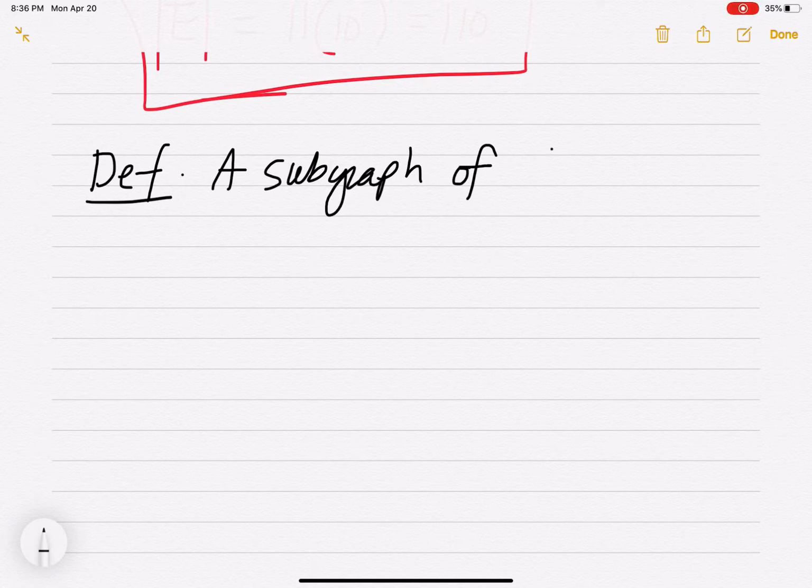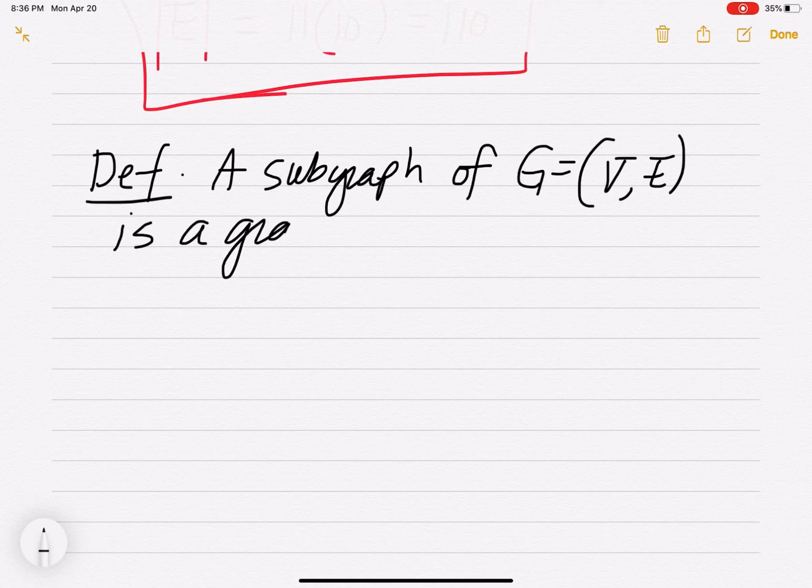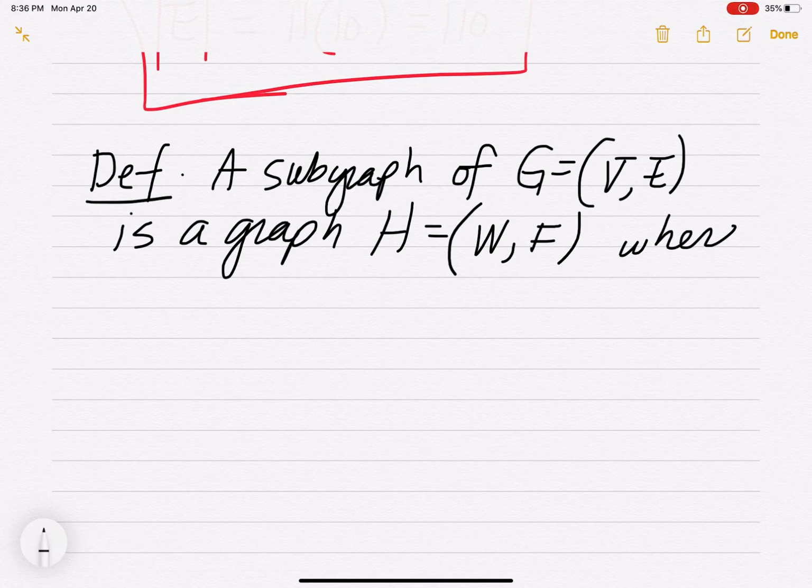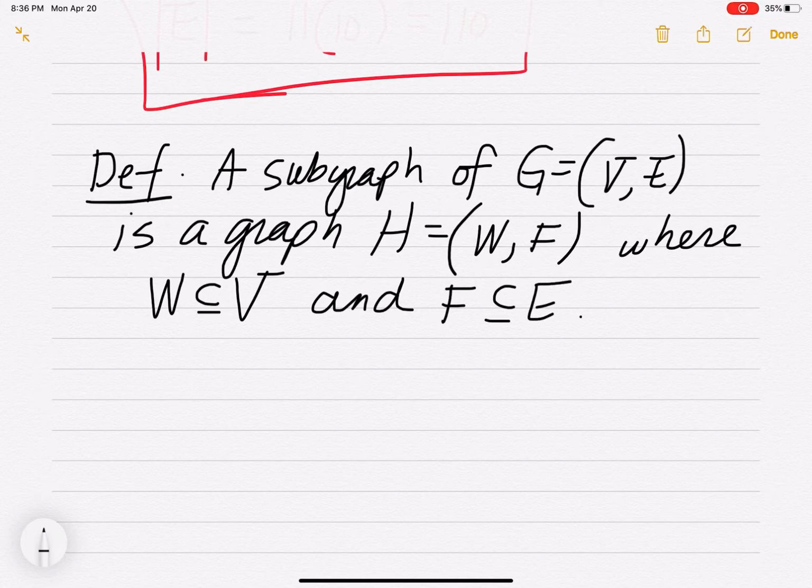A subgraph of a graph G, remember G consists of two things, a set of vertices and a set of edges, is a graph we're going to call H. It's going to have a set of vertices W and a set of edges, which we're going to call F, where the vertex set W is a subset of the vertex set V, and the edge set F is a subset of the edge set E. So W is a subset of V, and F is a subset of E. That's what a subgraph is.